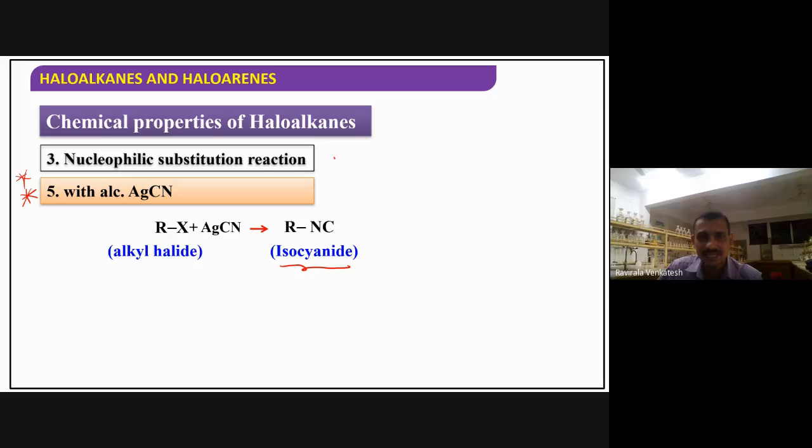So for example, if I take CH3CH2Br reacting with AgCN, now we get CH3CH2NC. This is called ethyl isocyanate, with the ethyl group.